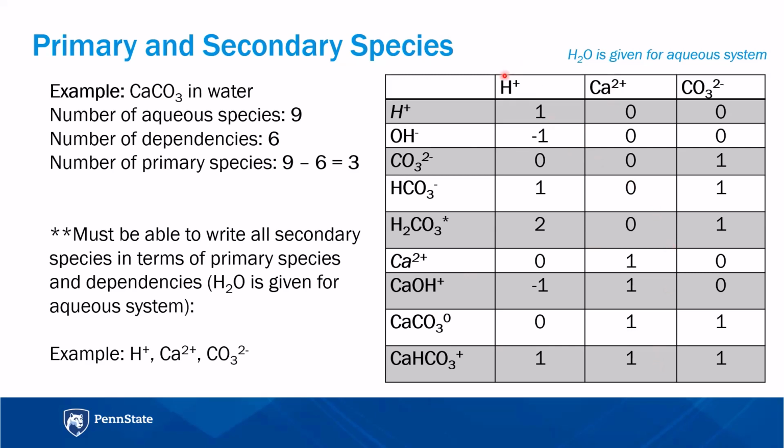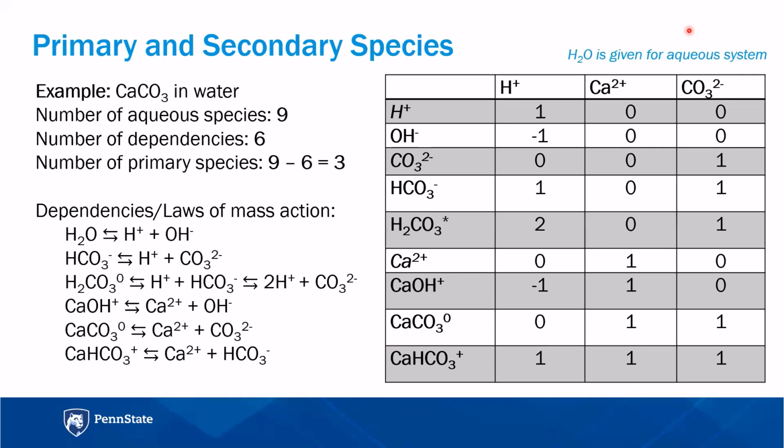And so I've chosen hydrogen ions, calcium ions, and carbonate ions as my potential primary species. And so working through each row in this far left column, we can determine if that species can be formed by the primary species through one of our laws of mass action listed here on the left.